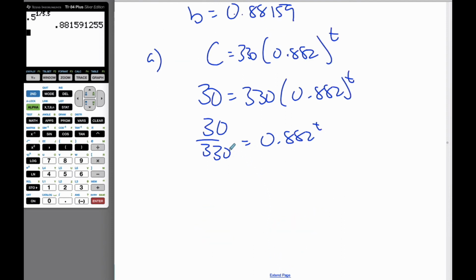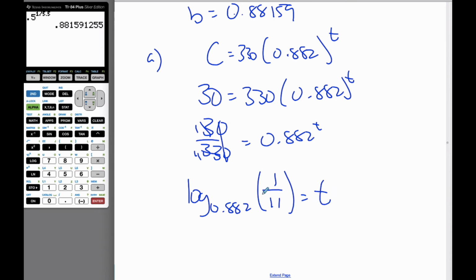And so now, in order to do this, I have to convert to logarithms, so it's going to be log base 0.882 of, well, that cancels, of 1 over 11, because it's 11, is equal to t.